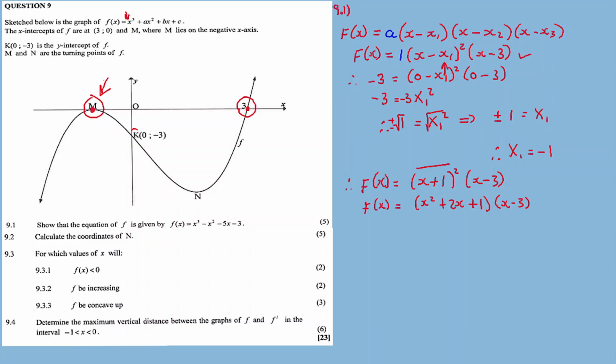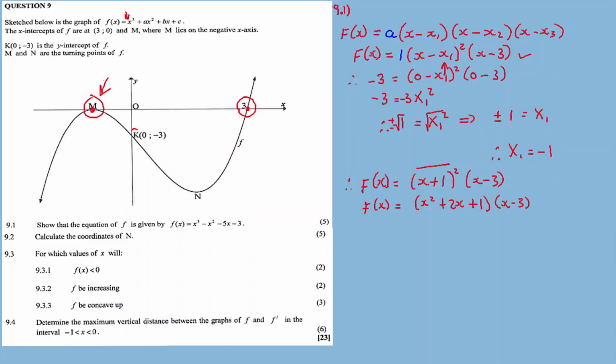Just apply algebra ke manje la. It's either create a 2 bracket or multiply, or with the x times x squared 2 times x times 1 is positive 2x, and then 1 times 1 is 1. Either way, what we will create a 2 brackets and multiply uzothola this one, right?